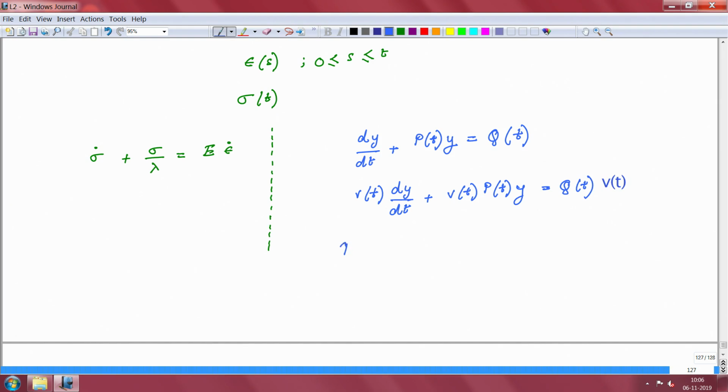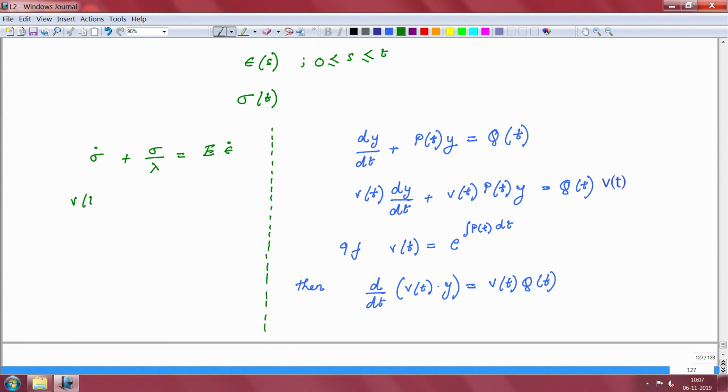Now if V of t is of this particular form, then this allows us to write the previous equation in a form that you can solve by integrating, right. So, this V of t is called the integrating factor. So, for our case, let us find out what the integrating factor is.